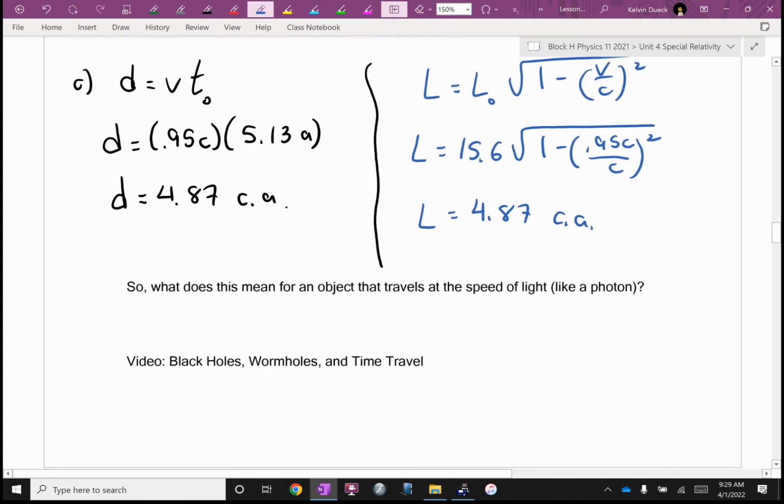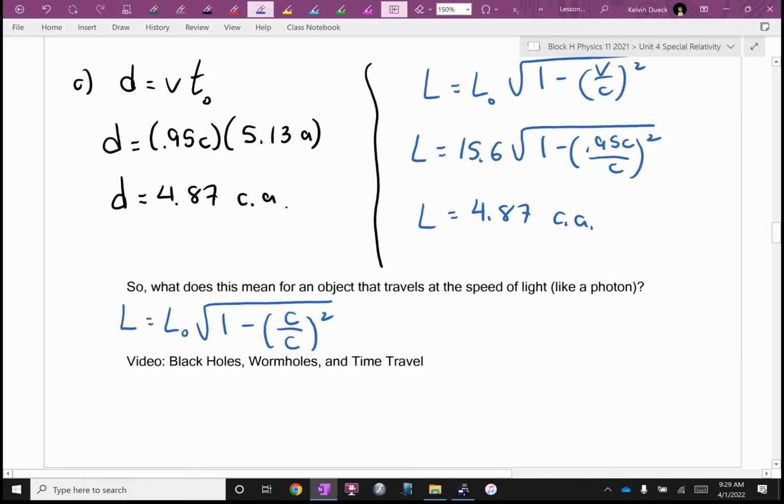So, what does this mean for objects that travel at the speed of light, like a photon? You know what? Let's go L equals L0, the square root of 1 minus, but let's put the speed of light in for V. Aryan, what's 5 divided by 5?